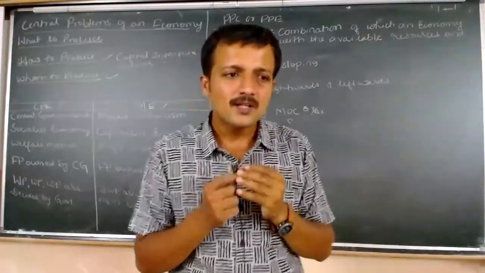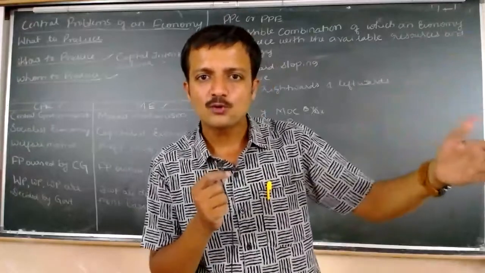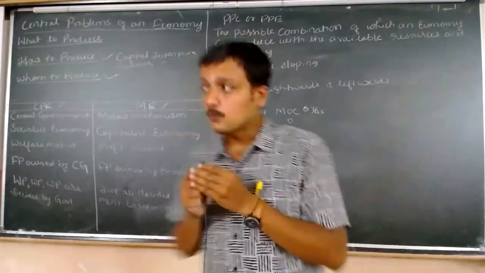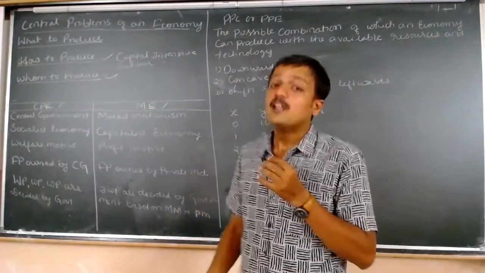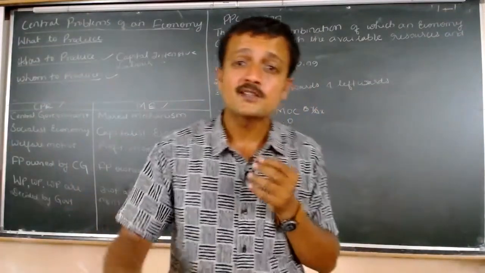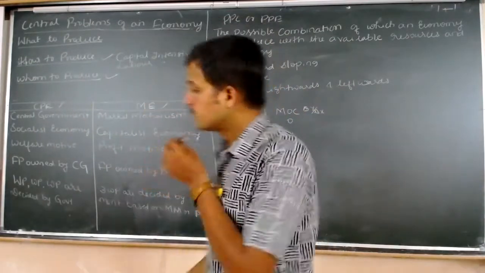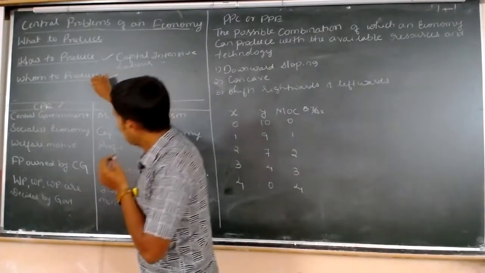That means even the poor segment of society should be reached, right? But when it comes to the market economy, it will try to reach that person who has the ability to pay. Okay, so this is about whom to produce.